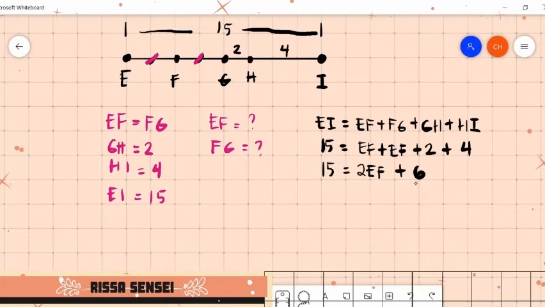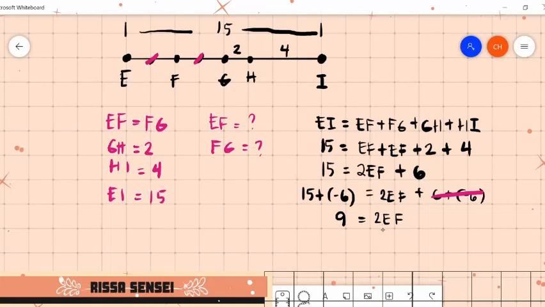Ngayon, by addition property of equality, we can add the additive inverse of 6 to get rid of 6 on the right side. So mag-add tayo ng negative 6 on both sides. And this is allowed kasi balance naman. So ito ay mawawala na because that's 0. 15 minus 6 is 9. 2EF.